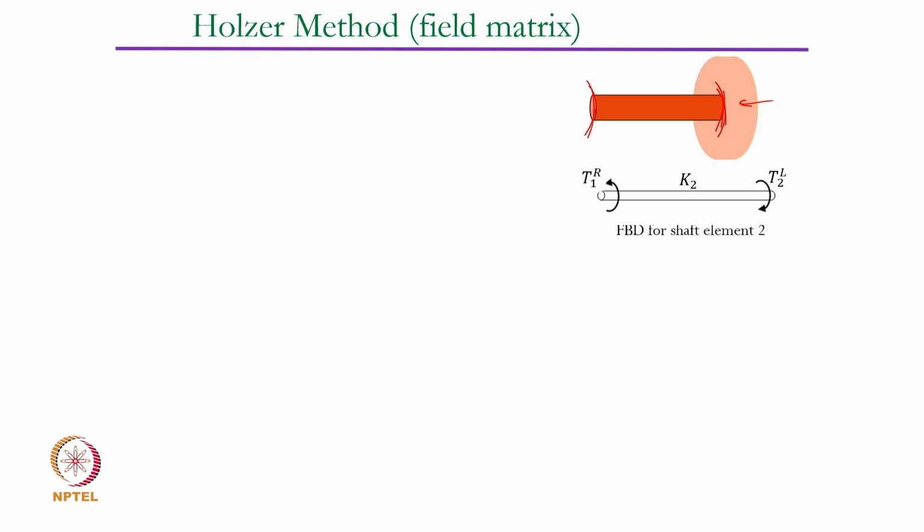So what we have is a massless spring element. The shaft here is considered massless, it only stores the strain energy. So whenever it undergoes a twist across the two ends, it stores the strain energy. We would like to look at the force balance in that case. So what is going to happen if the torque is applied here, and that will be resisting torque on this side, the torsional stiffness, if it is characterized by K2, then we can write a force balance.